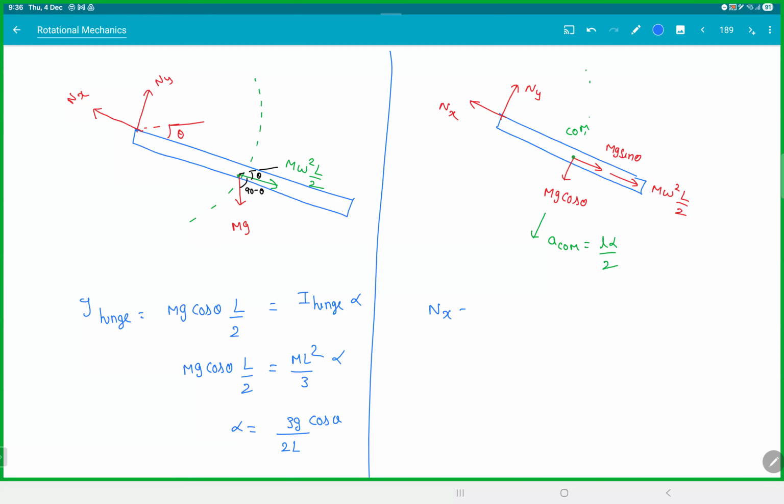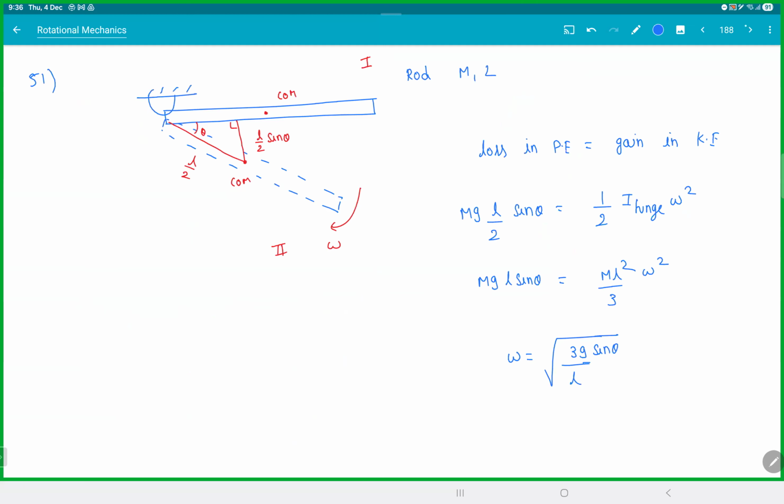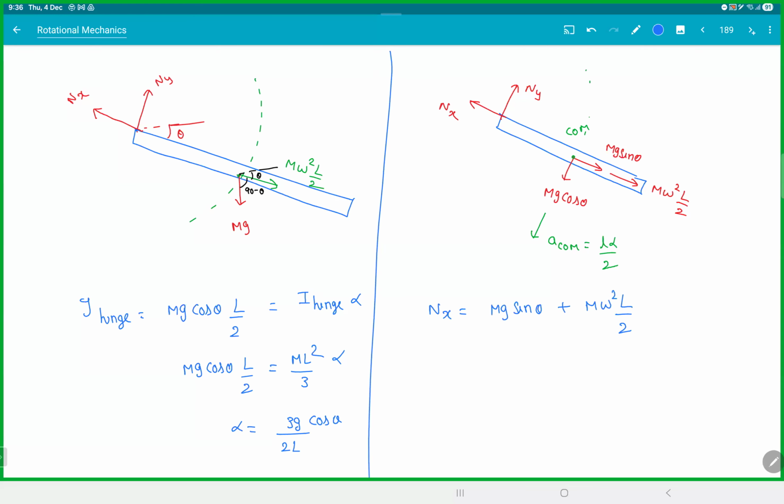Nx must be equal to mg sine theta plus centrifugal force, or else you would have taken centripetal acceleration also. Same thing you would have got. m omega square L by 2. And what is omega square? It is 3g sine theta by L. So if you substitute there, that will be mg sine theta times 3 by 2 plus 1. This will be 5 mg sine theta by 2.